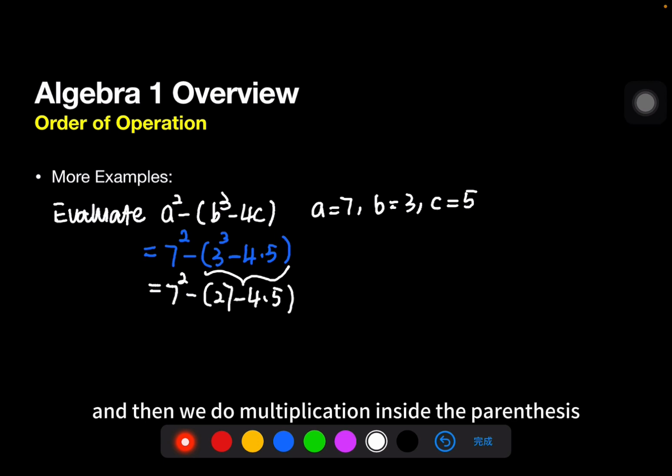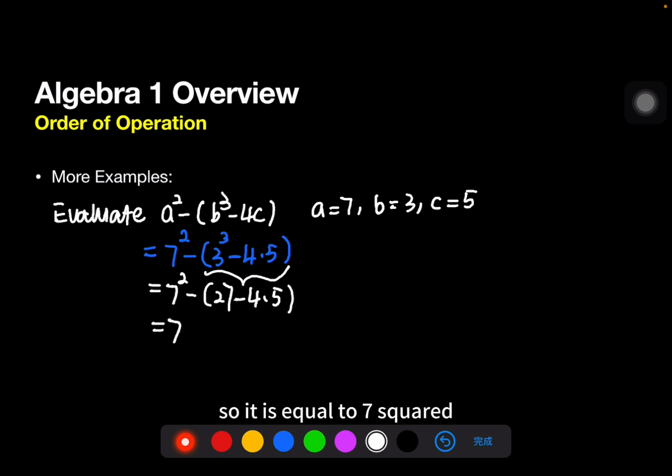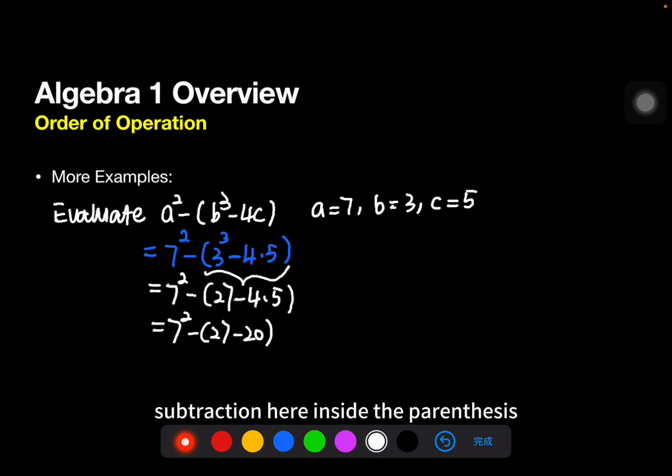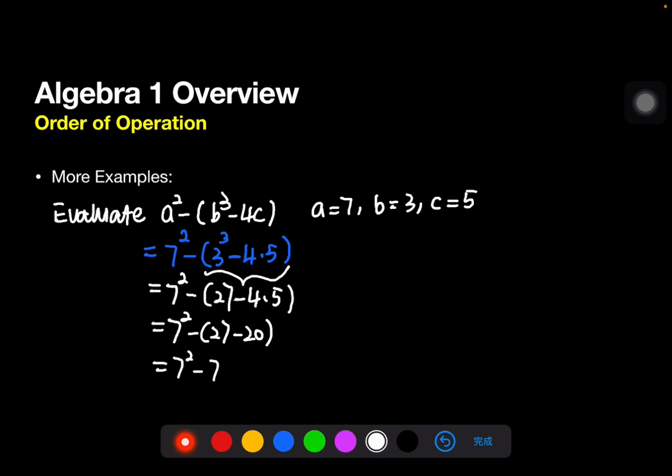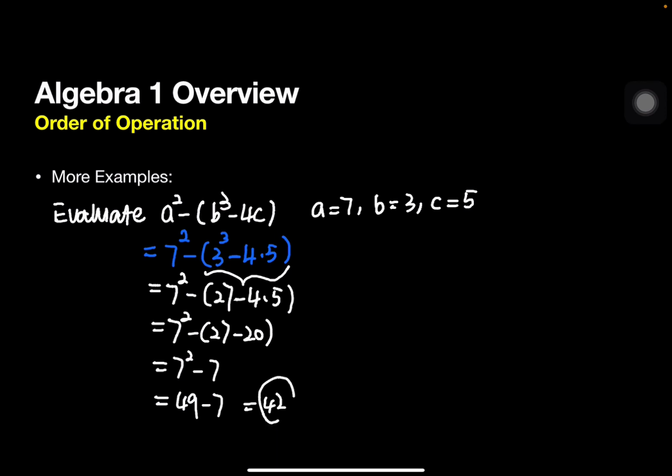And then we do multiplication inside the parentheses, which is equal to 20. So it is equal to 7 squared minus 27 minus 20. And then we do the subtraction here inside the parentheses. So 27 minus 20, which is equal to 7. So we will have 7 squared minus 7. Okay, and then we will evaluate 7 squared, which is equal to 49 minus 7, and it equals 42.